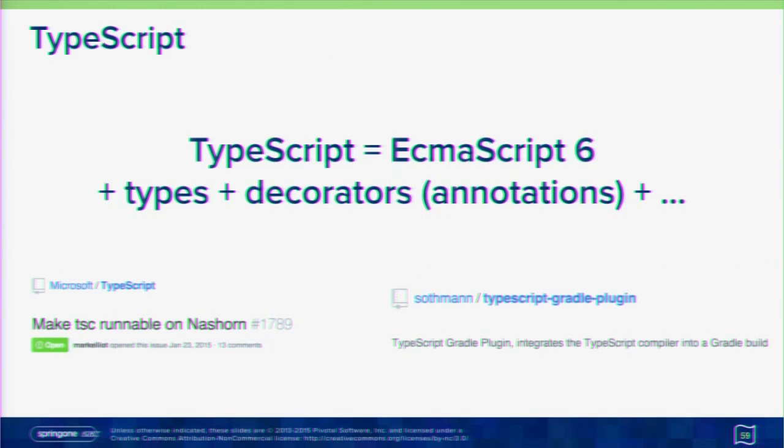There is an active discussion with some proofs of concept about getting the TypeScript compiler, since TypeScript is a transpiler, running on top of Nashorn. But you can already write some TypeScript code and run it on Nashorn using the TypeScript Gradle plugin. Be aware that it will require Node.js to run, but that's just for the compilation part.